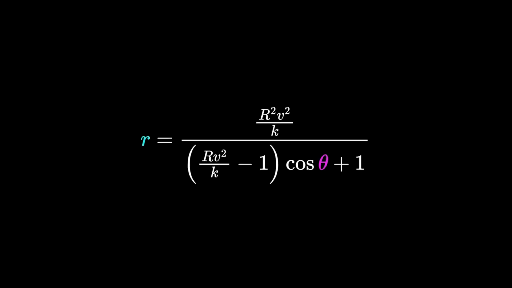We now know r as a function of time. We can now solve for theta by isolating it from the trajectory equation we obtained earlier.